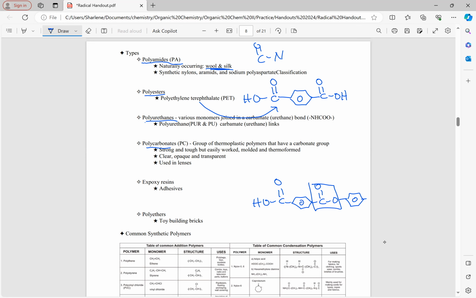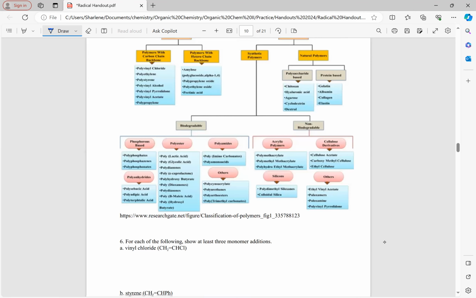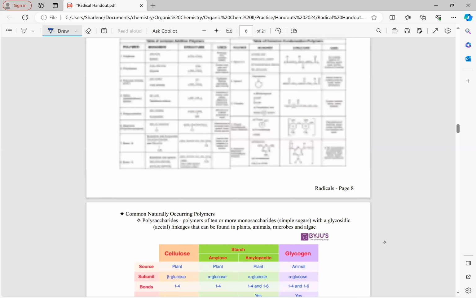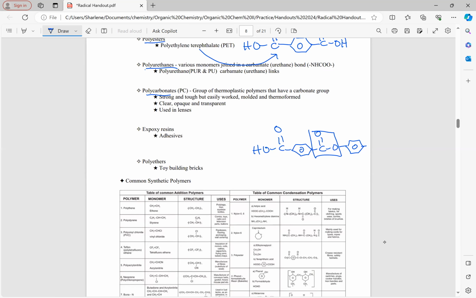All right, the polyurethanes. I didn't even know what the structure of polyurethane was before I started seeing these types of polymers. A polyurethane looks like this. O double bonded to a C, which is bonded to a nitrogen.